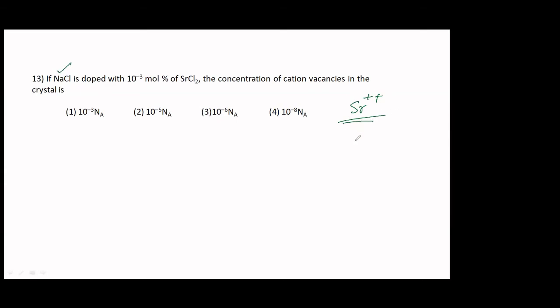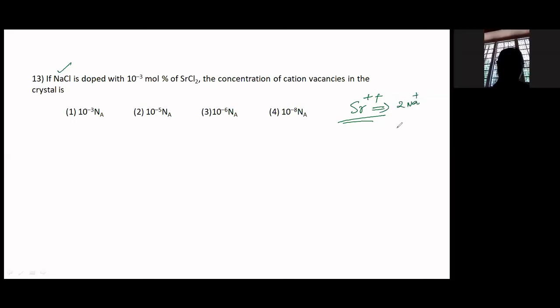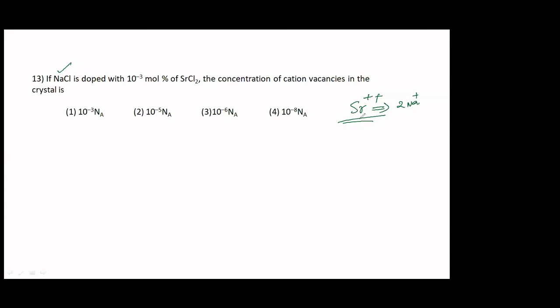So Sr2+, because of its +2 charge, has to substitute 2 Na+ ions. Then only there will be charge neutralization. So one place of Na+ will be occupied by Sr2+, the other one will be a hole. Which means the number of Sr2+ should also be equal to the number of holes created. So that is how you are going to do that.